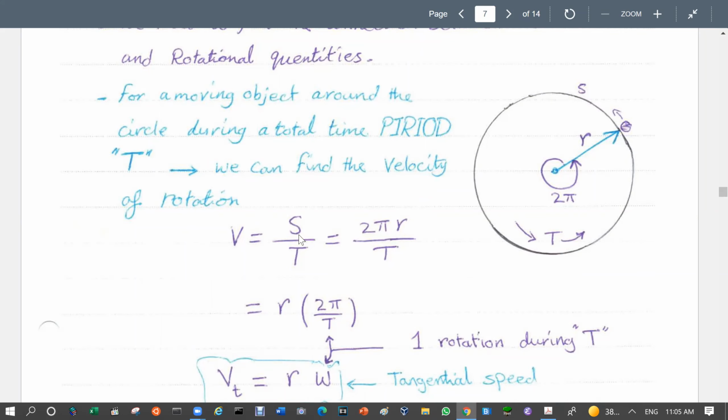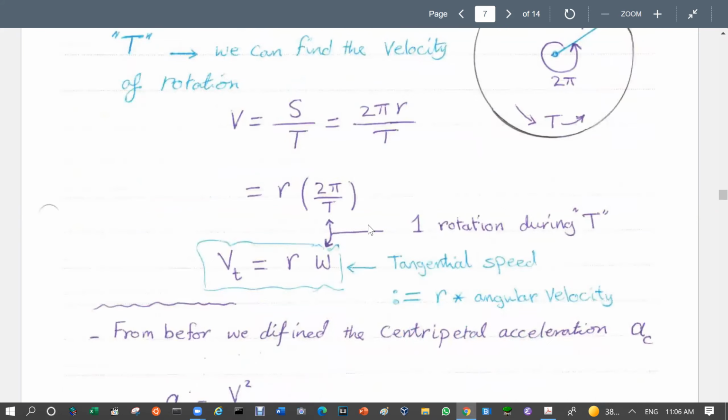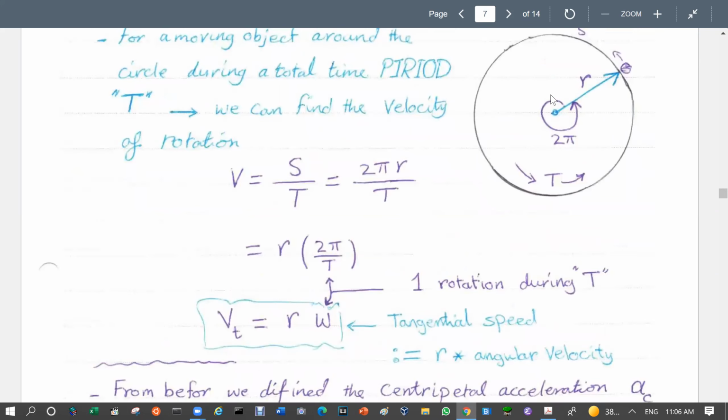So the connection between the linear motion and the angular motion is the radius, as you see here. The change in angular position over time is the angular velocity. Look here, the speed is equal to S over T, which is equal to 2 pi R over T.